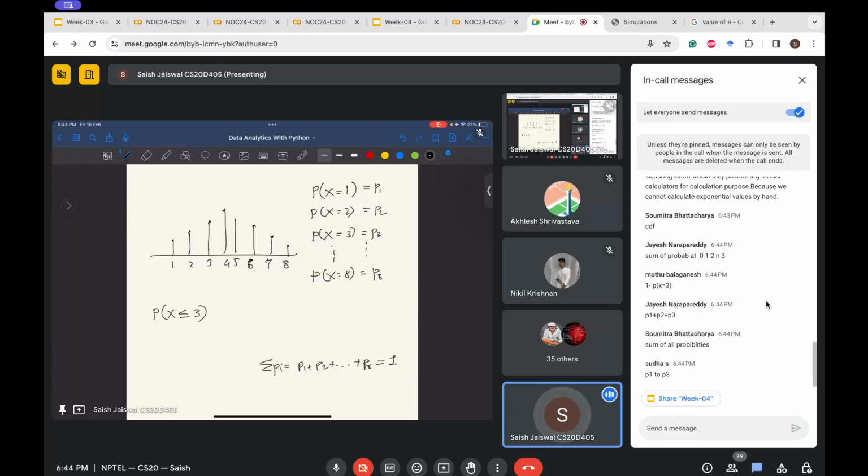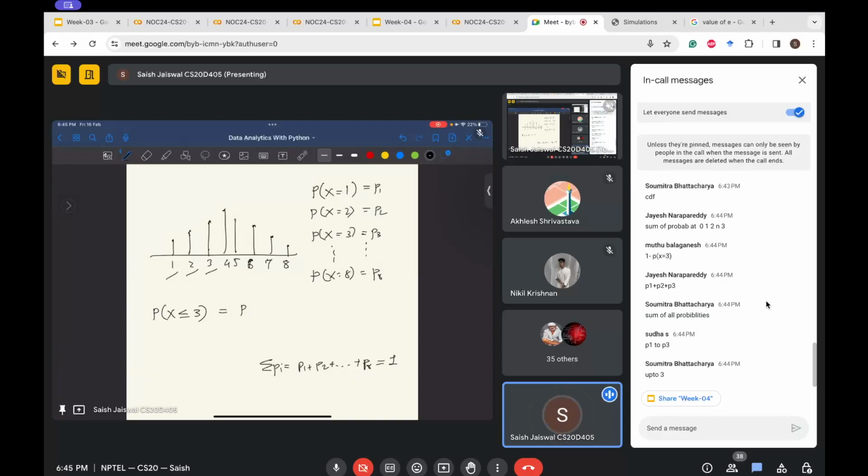Yeah, exactly, Jayesh, you are right. So what are the possible values of random variable here? It is x up to 3, that is 1, 2 and 3. So the probability of x taking values up to 3 will be probability of x equal to 1, probability of x equal to 2 and probability of x equal to 3. Now can someone tell me what is the probability of x greater than 3?